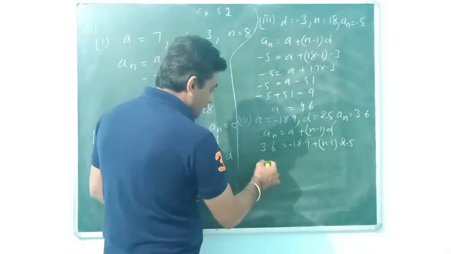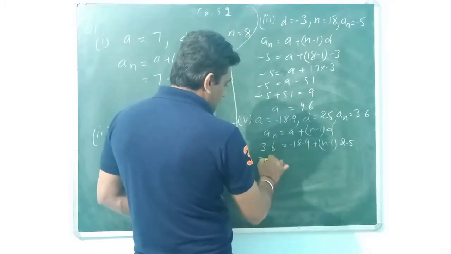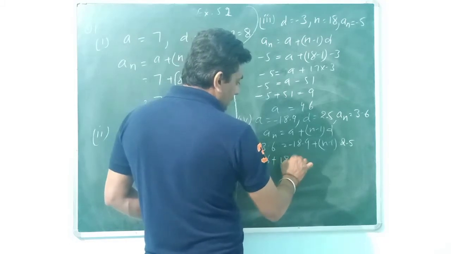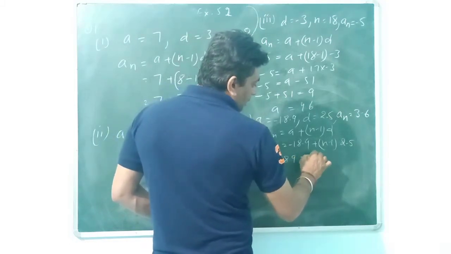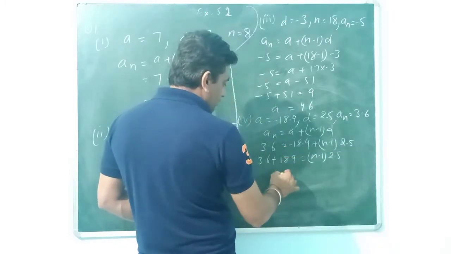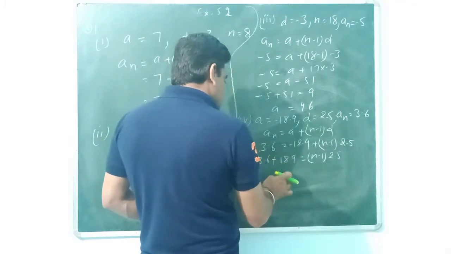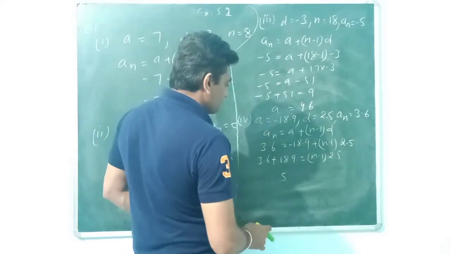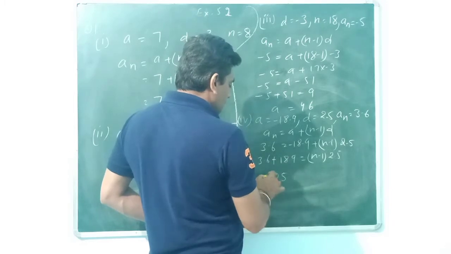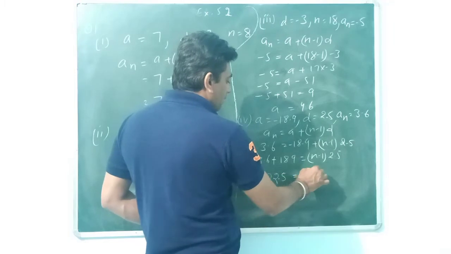Again, taking this to this side, 3.6 plus 18.9 equal to N minus 1 into 2.5. This becomes 22.5 equal to N minus 1.